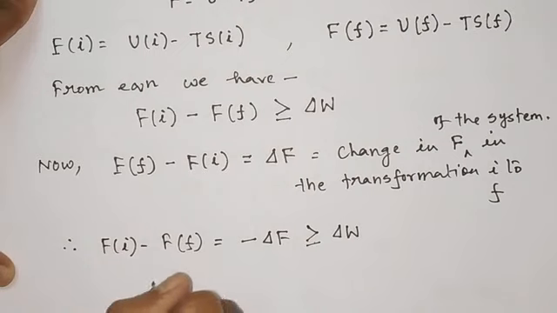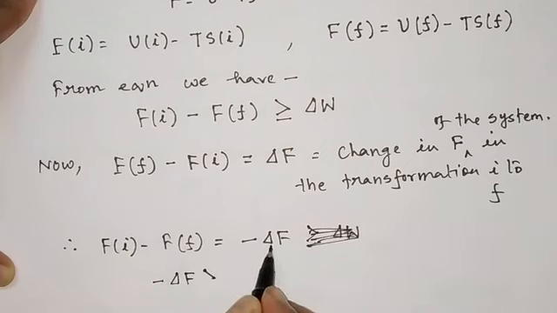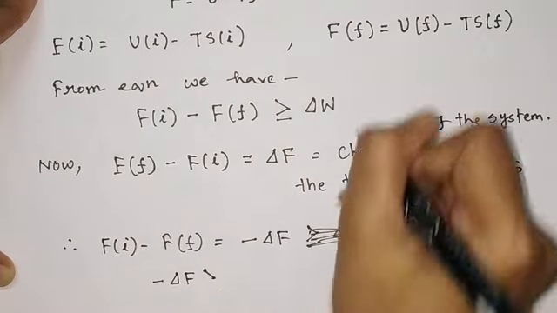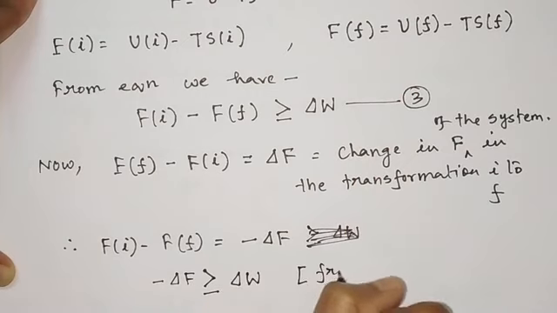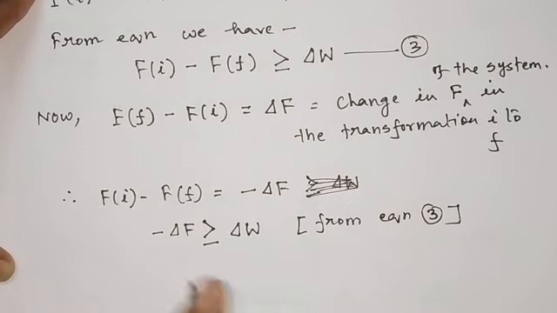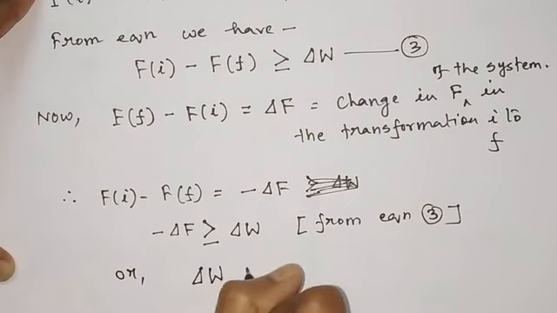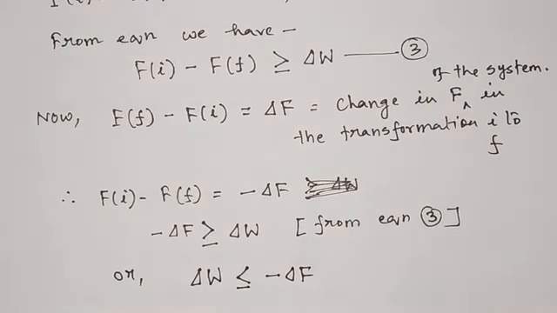If I write FI minus FF equals minus delta F, then from this equation, which is equation 3, minus delta F is greater than or equal to delta W. If I rearrange it, writing delta W on the left-hand side, the sign flips and it will be delta W less than or equal to minus delta F. Delta W is the work done in the process, and if you remember, the process was isothermal.